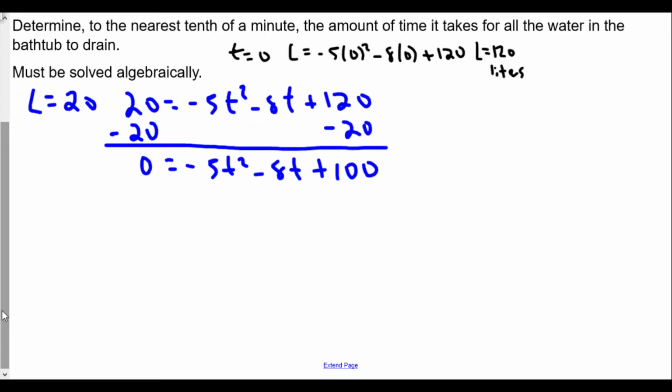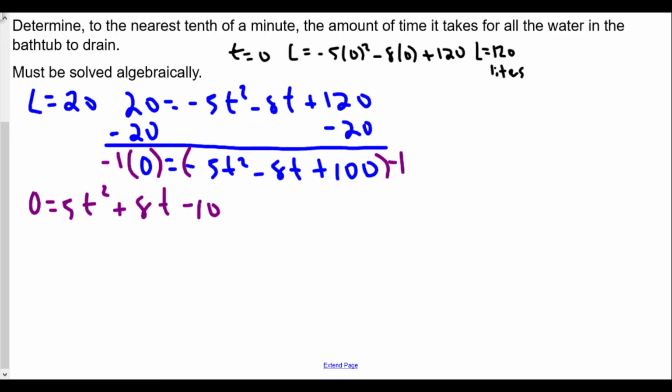But I like to have my a value positive, so to do that, I'm going to multiply both sides by negative 1. So I have 0 equals positive 5t squared plus 8t minus 100. We're going to find our a value, b value, and c value. Our a value here is 5, our b value is 8, and our c value is negative 100.